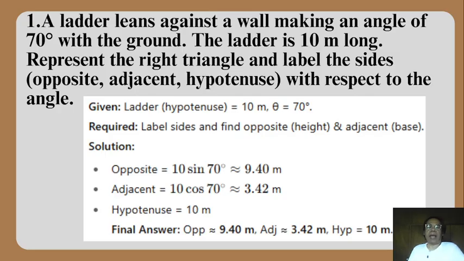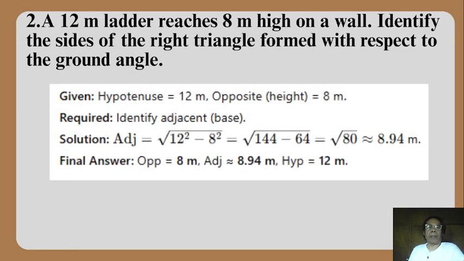And then the hypotenuse is already given. It need not be computed. And the final answer is 9.4 meters, the opposite. And then the adjacent is 3.42 meters, and the hypotenuse is 10 meters.